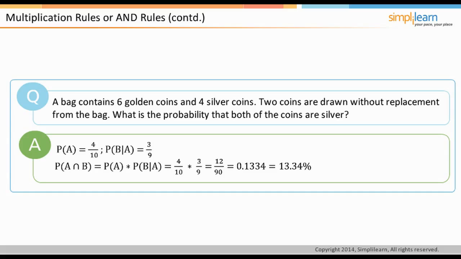After the first selection, there are 9 coins in the bag, 3 of which are silver. Therefore, P of B given A equals 3 divided by 9. Therefore, based on the rule of multiplication, probability of A intersection B equals 4 divided by 10 multiplied by 3 divided by 9. The answer is 12 divided by 90, which is 0.1334. Hence, there is 13% probability that both the coins are silver.